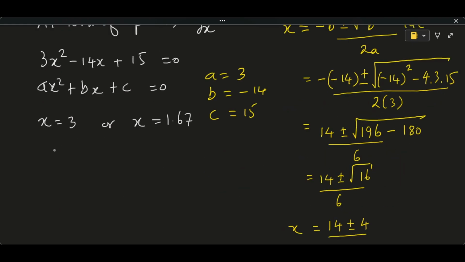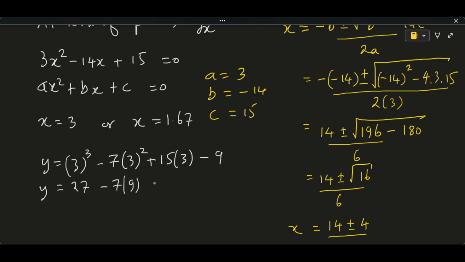So when x is 3, y is equal to 3 into brackets. So when x is 3, this will be 27.